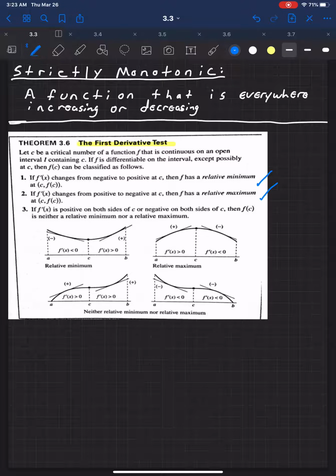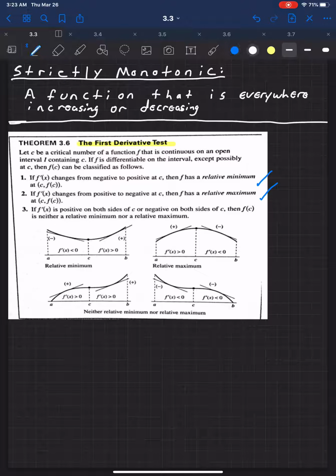We get to say that f of c has a relative minimum if your slope changes from negative to positive. We get to say that f of c has a relative maxima if your slope changes from positive to negative at the point C.